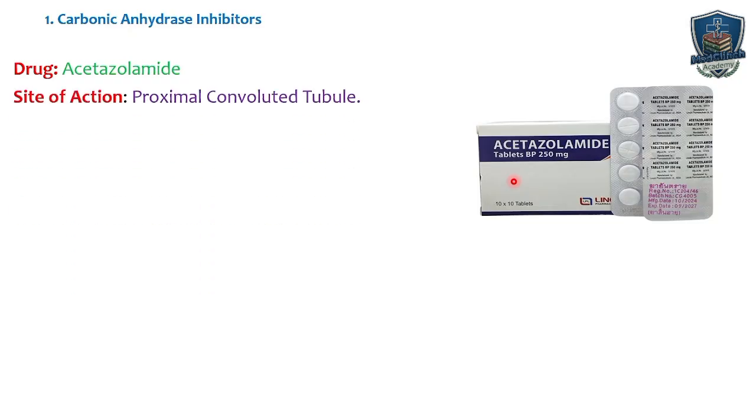Don't get yourself confused. So, the site of action of this drug: it acts on the proximal convoluted tubule. This is where it works. And what is the mechanism of action?